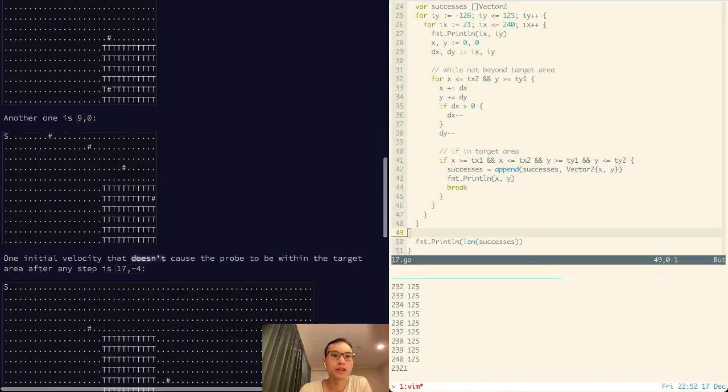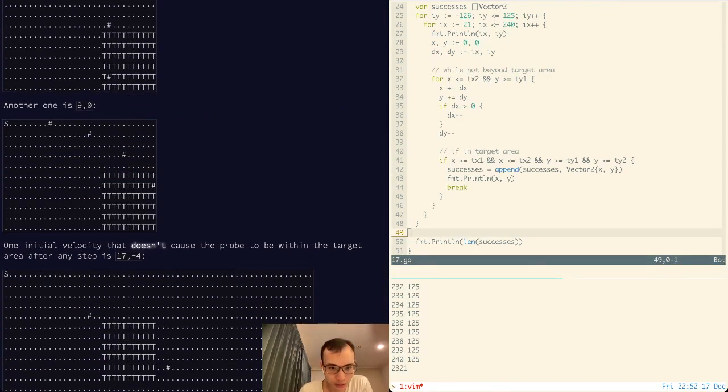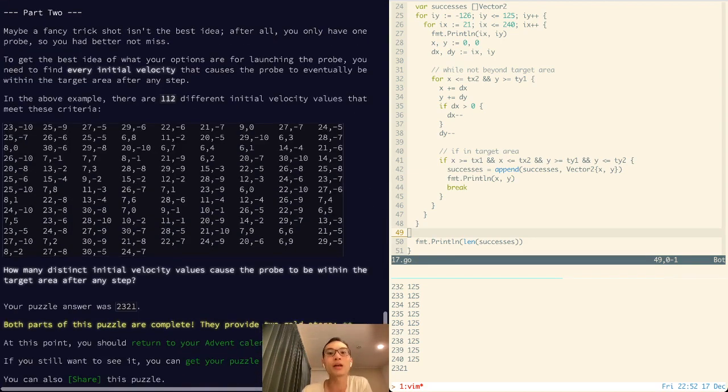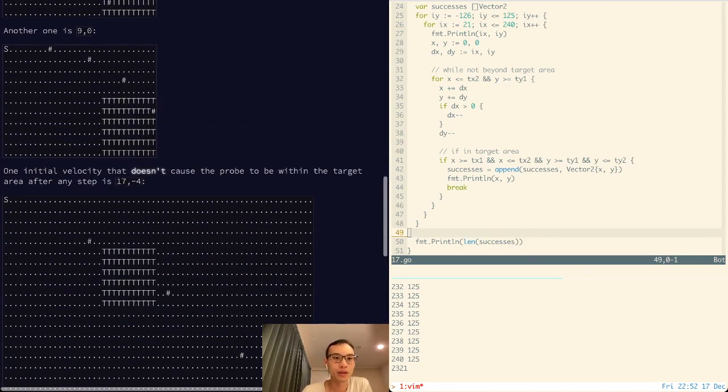So basically, this was what, 11 by 6 grid, right? So that's 66 starting values that will always work no matter what straight away, because you just shoot the thing straight into it. And then you can have some x values that also work, but because it's 2 steps of x, now you need 2 steps of y to make it work.